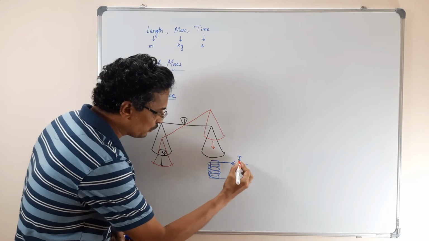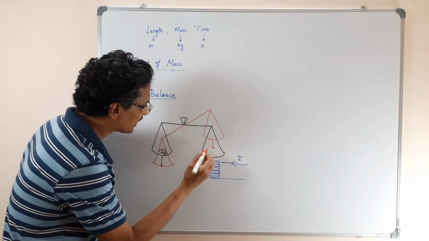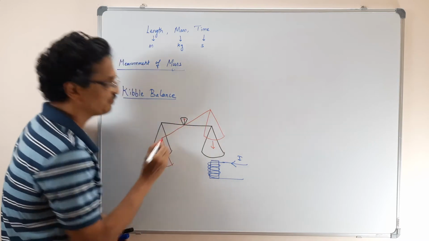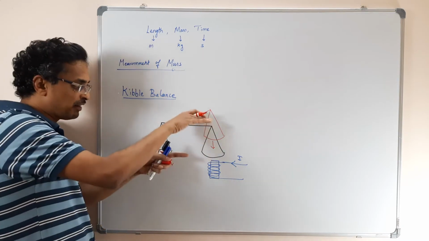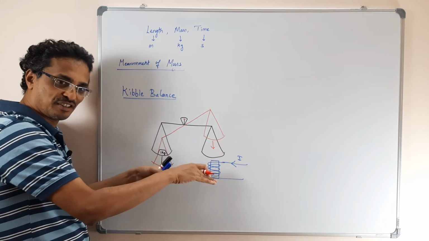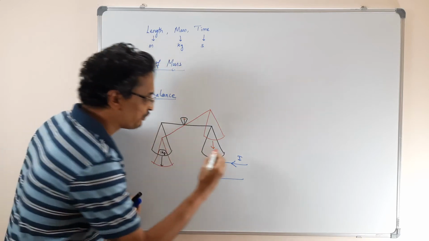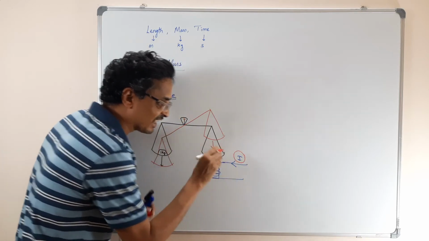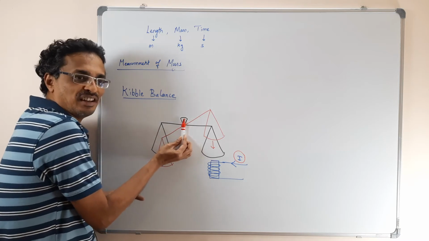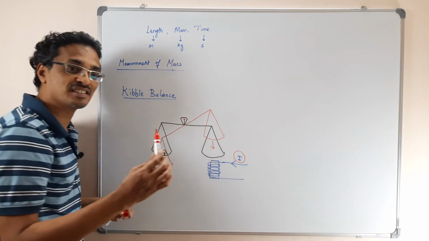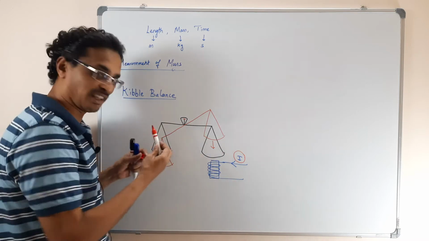I will find out the amount of current required so that the pan comes back to the same level. As I keep increasing the current, the pan will keep moving. At some value of current, it is going to maintain it. So I define this current, the current at which my 1 kilogram is balanced, as a measure for this 1 kg.